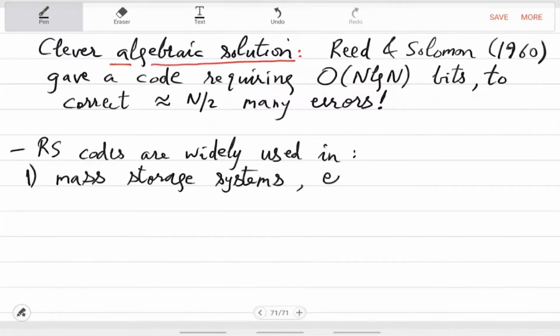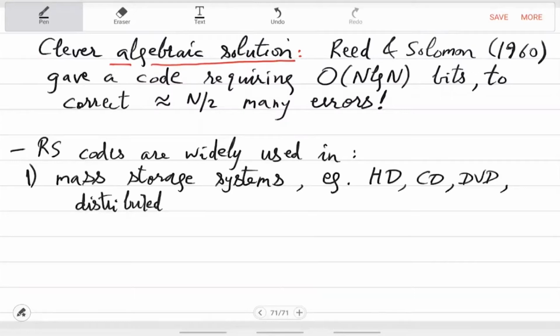So like I said, your hard disk and then secondary storage like CD, DVD, etc. So distributed online storage. So everywhere you will need some coding mechanism so that even if part of your physical device gets corrupted, up to some probability of course, you can recover.